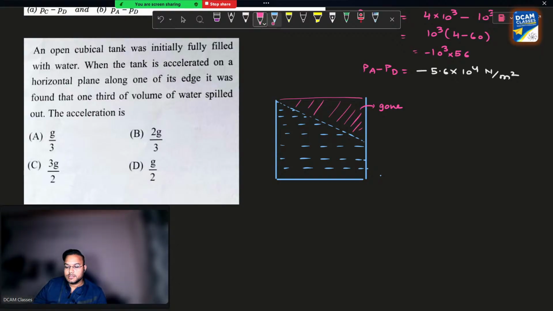Okay, we'll use it afterwards. Let's see. Let's take its length as L, and the difference of height is Y. Initial volume was the cross section area inside. No, no. Initial volume was this.